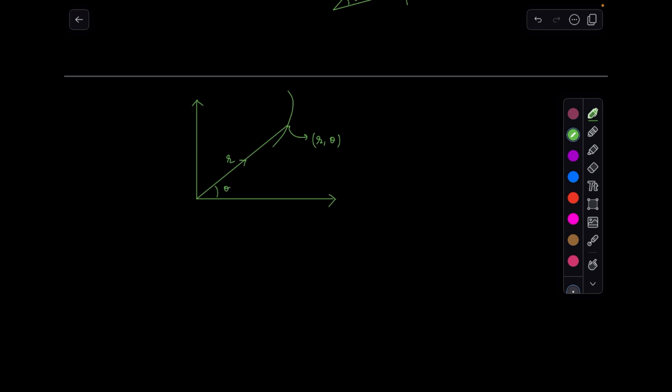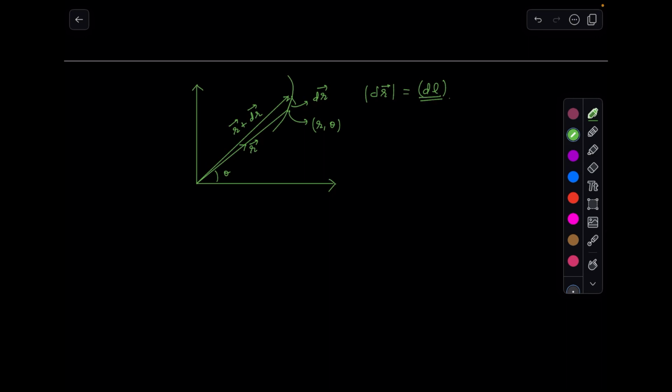Now as we move from this point to this point, the position vector of this point will become r plus dr. This is the r vector, this is the r plus dr vector, and this is the dr vector. The magnitude of the dr vector is nothing but dl, meaning our arc length.